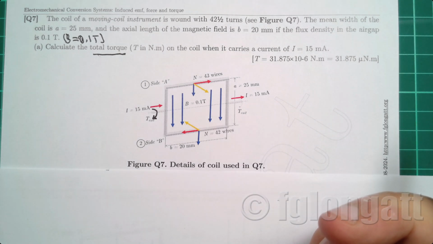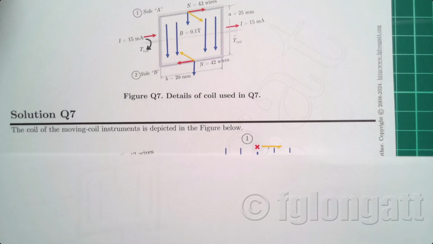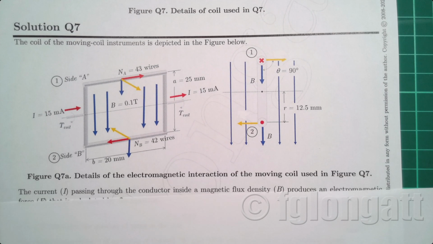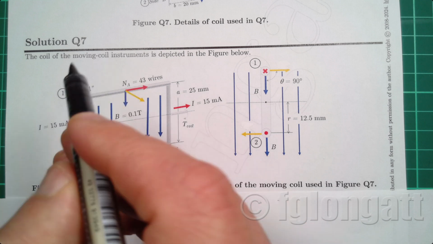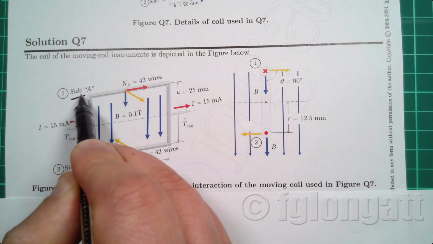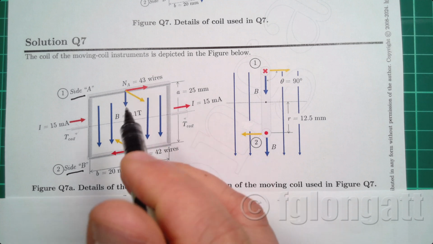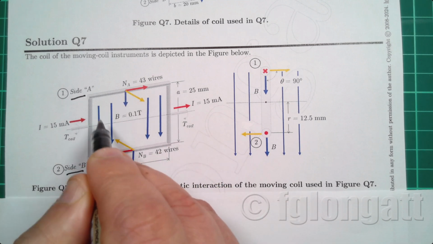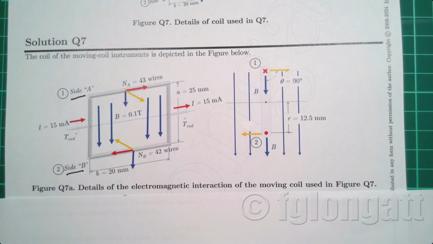The calculation is extremely simple. The first step, my dear students, is to create a graphical representation to understand the situation. You can see here at the top side A and side B. In blue we have the magnetic flux density of 0.1 Tesla.